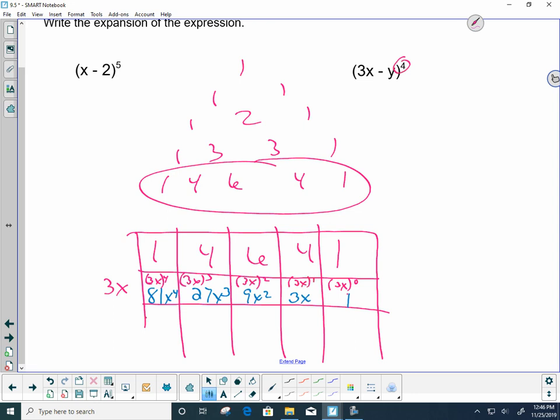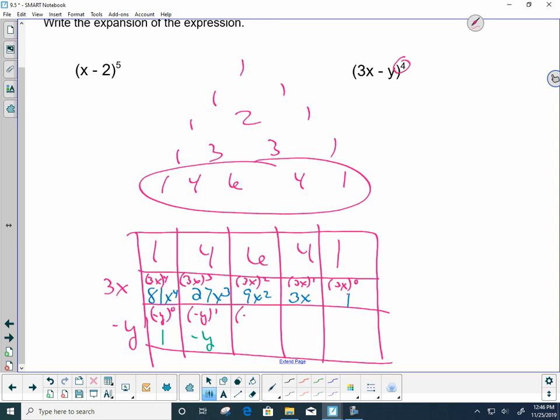Okay, that's the 3x. The next one is kind of tricky. It has that minus y, or negative y, so I'm going to count it as negative y. The first thing I'm going to do is take this negative y and raise it to the 0 power. Well, anything raised to the 0 power is just 1. In the second box, remember, these powers increase by 1. So negative y raised to the first power will be negative y.